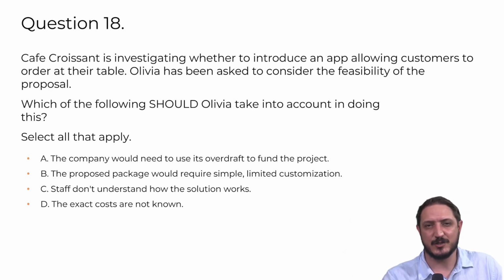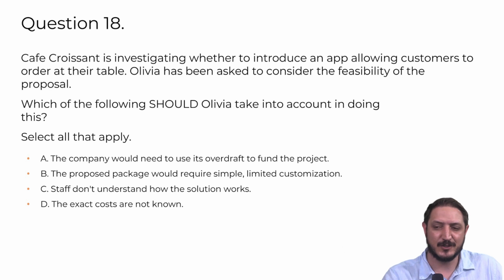We may ask questions within each category. For the P element of PESTLE, we can ask, is the solution politically acceptable? From an economic perspective, is it economically feasible? From a social perspective, is it going to be socially acceptable in the organization? And the same for technological, legal, and such.